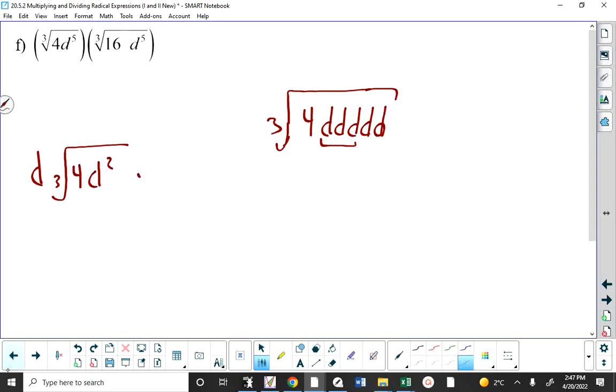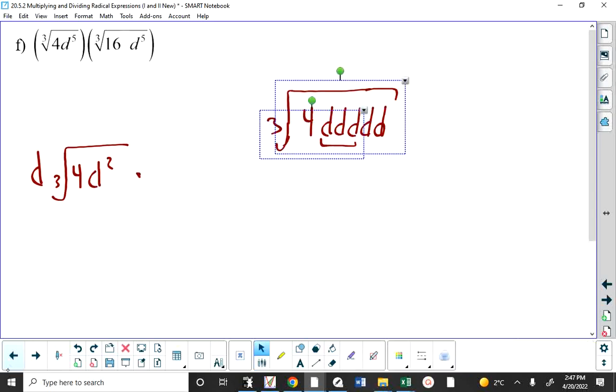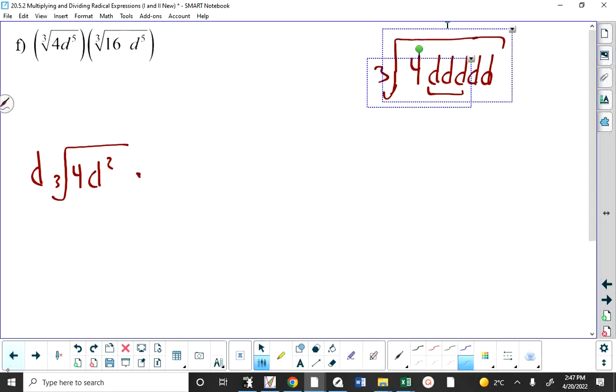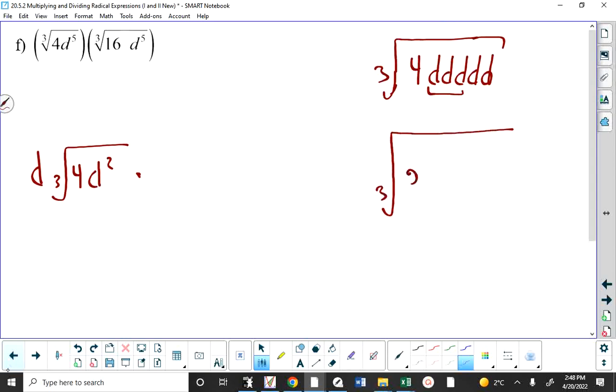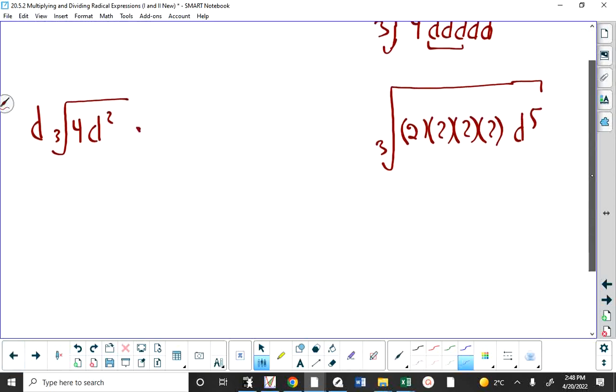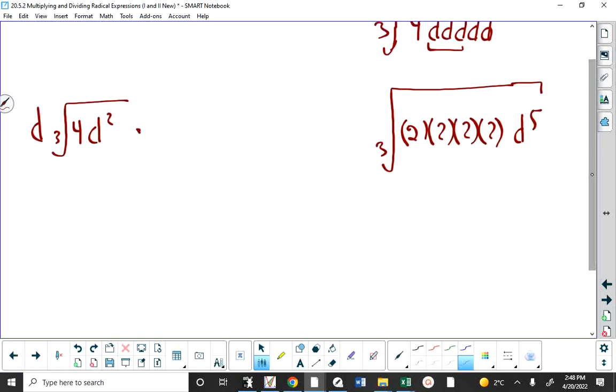And then we're going to multiply that by, well, let's do the same thing with the second term. We're going to multiply that by the cube root of 16, which is 2 times 2 times 2 times 2 times d to the 5. Well, we've already done that. I'm not going to do it again. I can take 3 of those d's out and have a single one outside, leaving me with d squared inside.